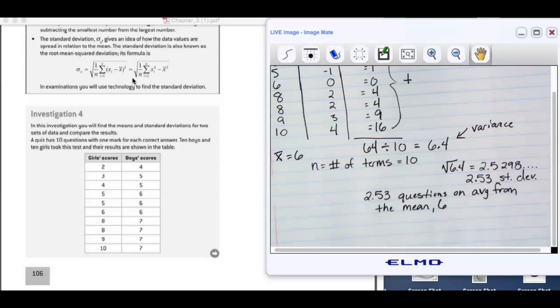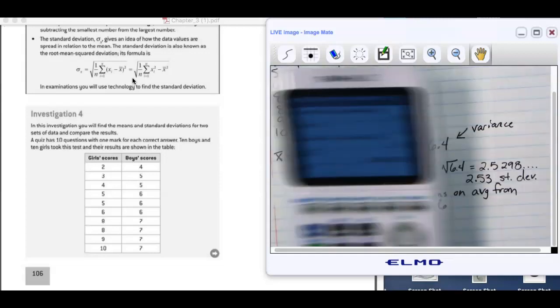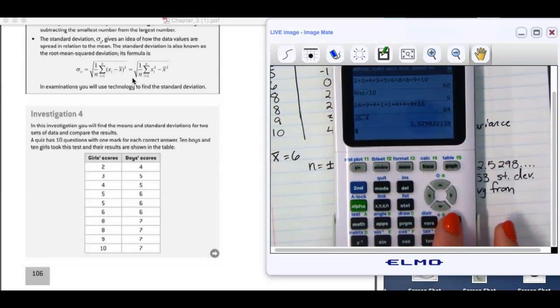Okay, so on average for our data, the girls were scoring 2.53 questions above or below the mean. That's what that means for the chart to do this by hand. Now, to do this in the calculator, it's quite a bit easier.